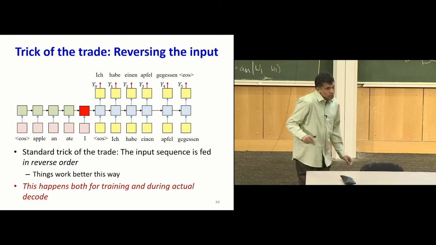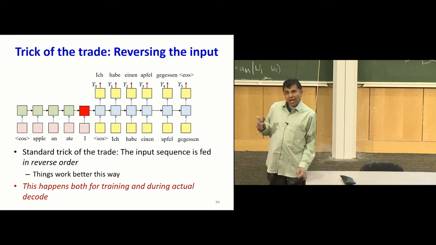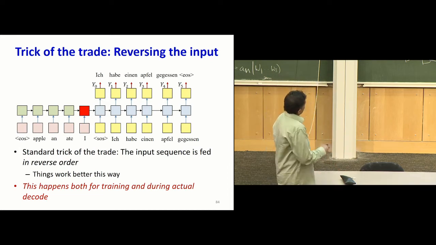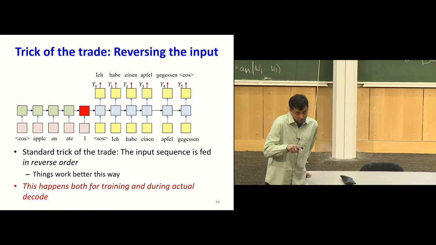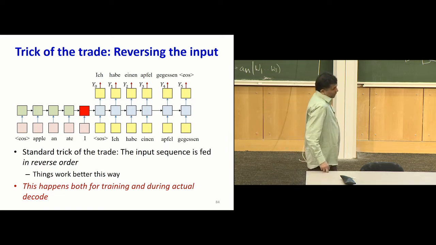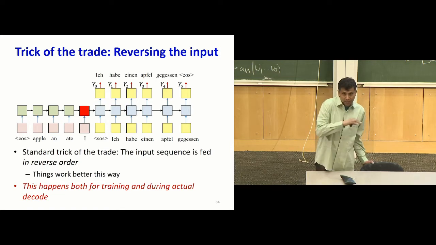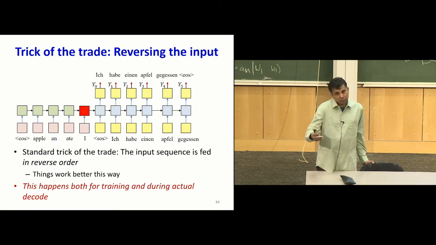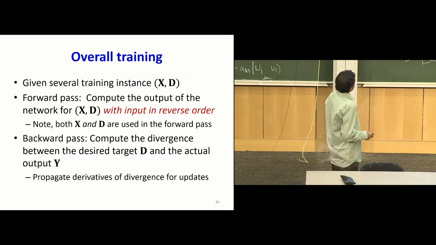Now, this would happen both during training and during inference. During training, you would be providing the input in reverse order, and the target sequence is provided in the forward order correctly. During inference, again, you would provide the input in reverse order and then produce the output.